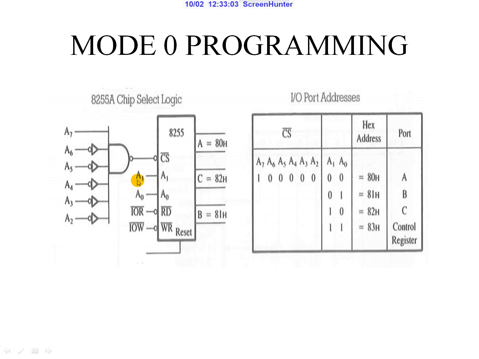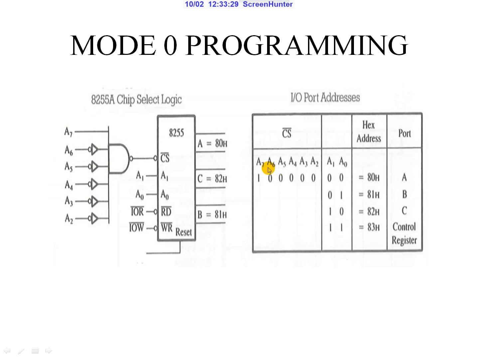Here A0 and A1 are connected with the address pins of the 8085, A1 is connected to A1 and A0 is connected to A0, and the chip select pin is going to be selected by using the A2 to A7 bits of the 8085.